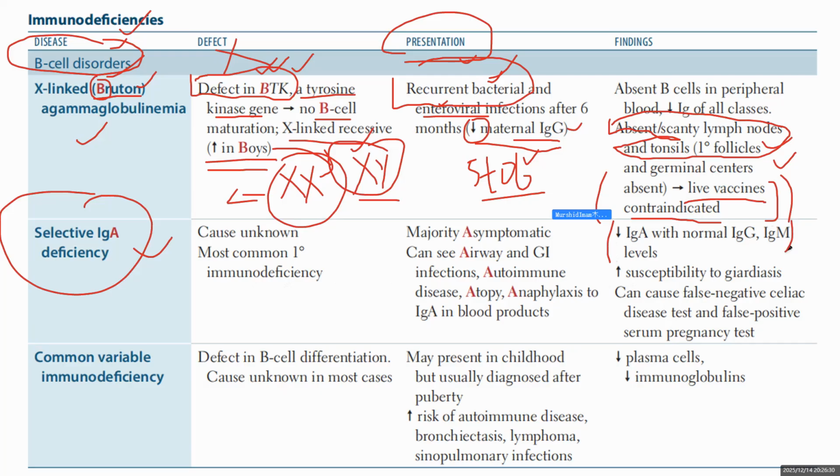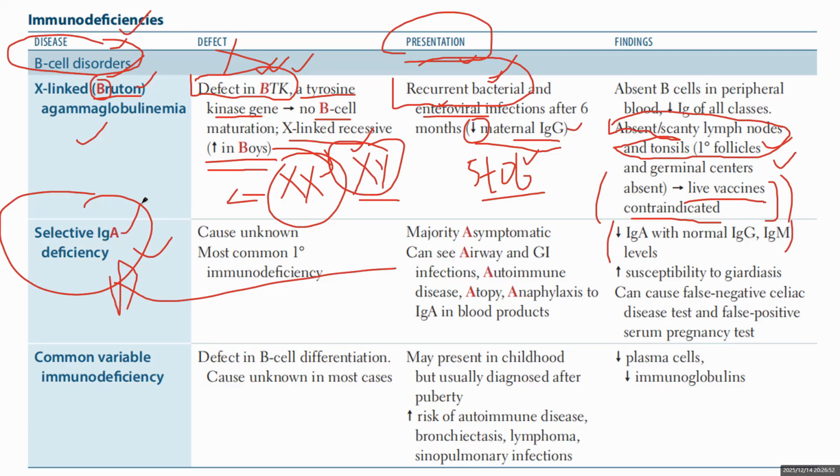Another thing to remember is that patients who get recurrent sinusitis, recurrent chest infections, and recurrent diarrhea may need to have their antibody levels checked, and you need to confirm the IgA levels in them.